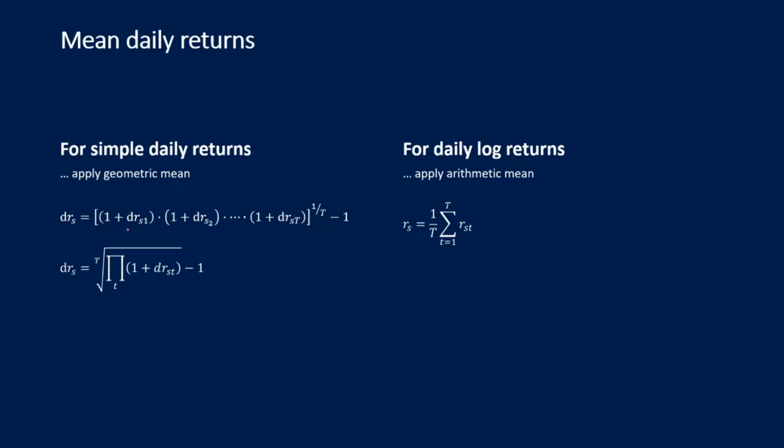That means here we have a simple daily return for stock s at time 1, so 1 plus this simple return times 1 plus the second day plus all the other days until day t, and this taking the tth root, 1 divided by t is not the square root but the tth root, I'm sorry for that, the tth root minus 1 is the average return r_s, no t anymore because this is the mean daily return, so we can skip the t here.